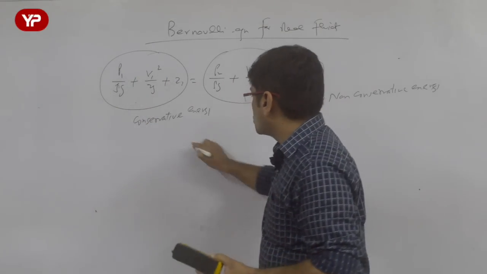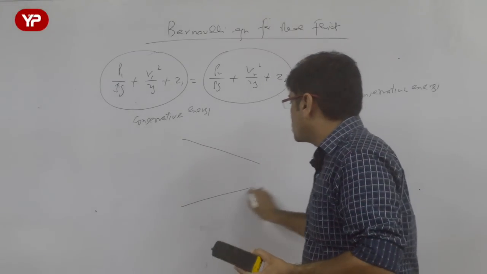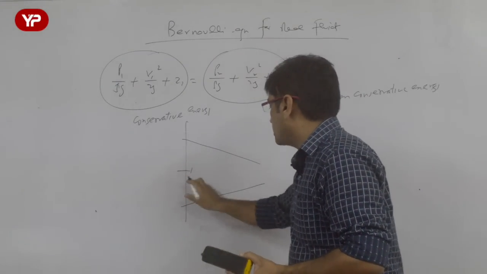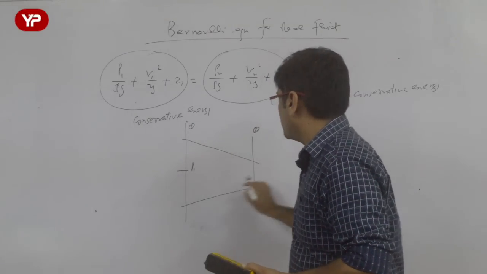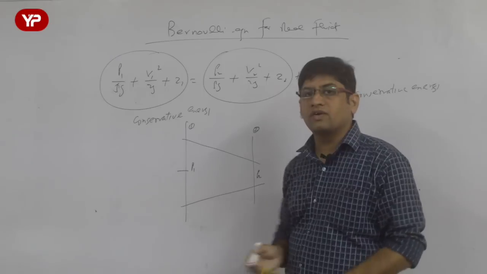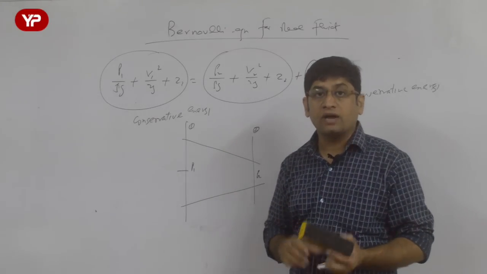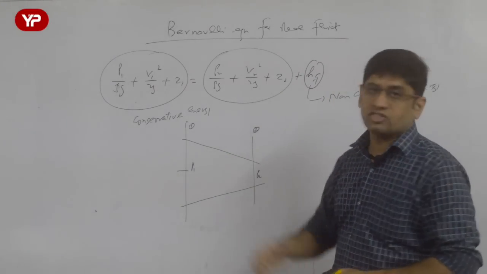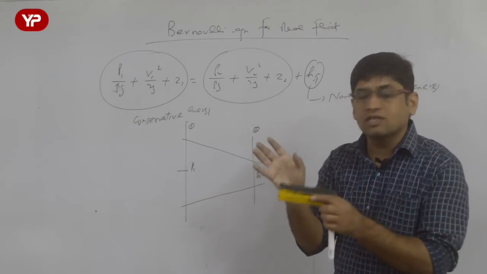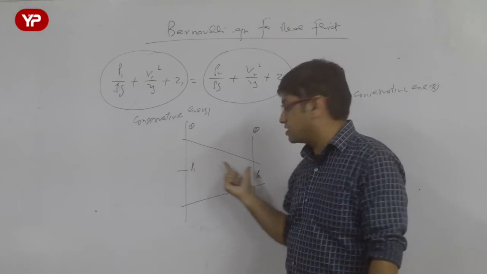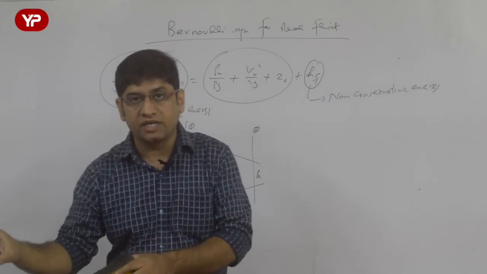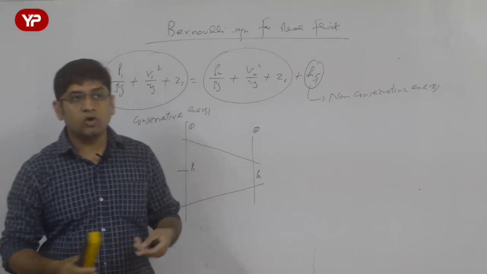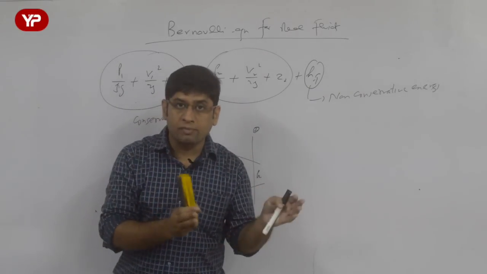Whenever I ask a student, I am giving you this particular section of pipe, let us say section 1, section 2, and pressure P1 is more than pressure P2, tell the direction of flow, they tend to answer that sir, pressure here is more, pressure here is less, so fluid is going to flow from high pressure to low pressure. That is wrong. Fluid flows both from high pressure to low and low to high pressure.